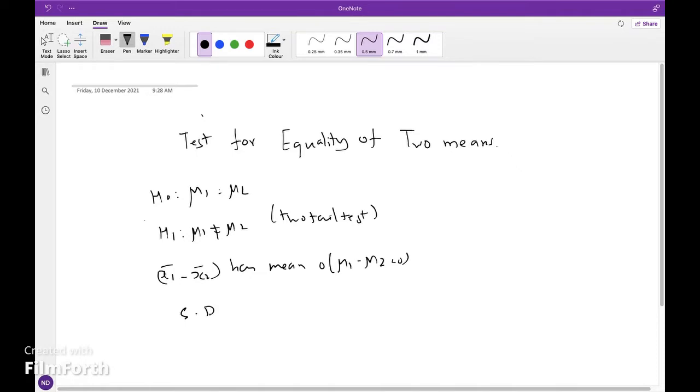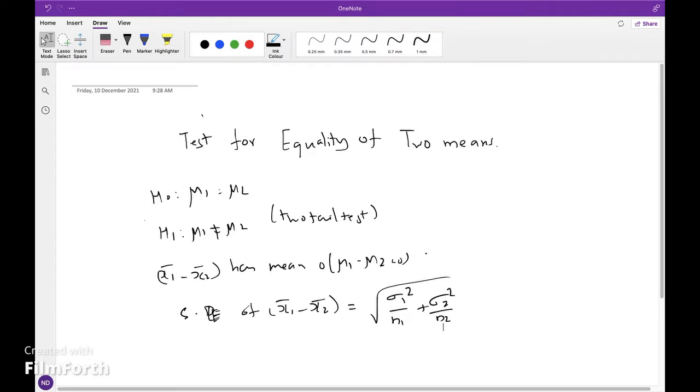The standard error of x1 bar minus x2 bar is equal to the square root of sigma 1 squared by n1 plus sigma 2 squared by n2.